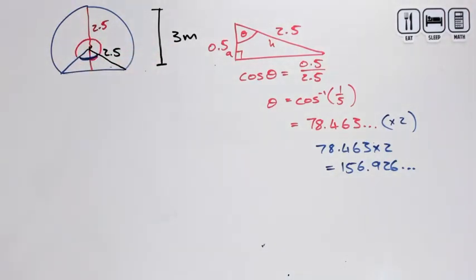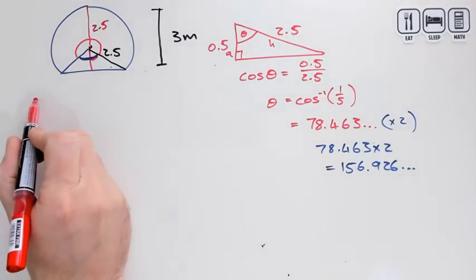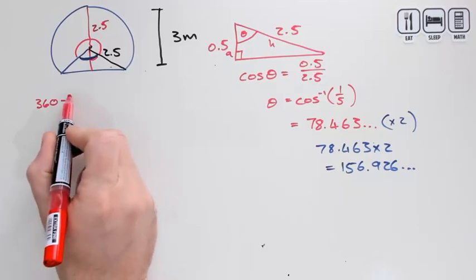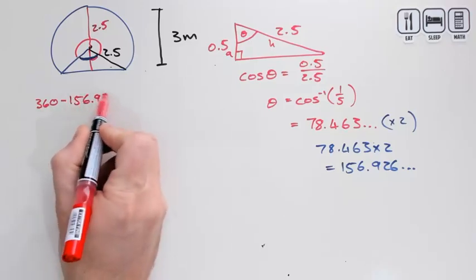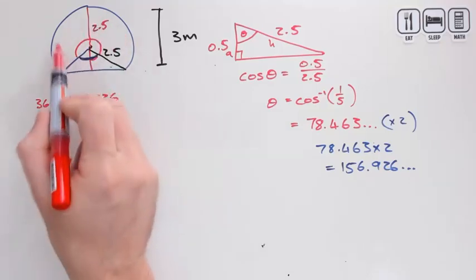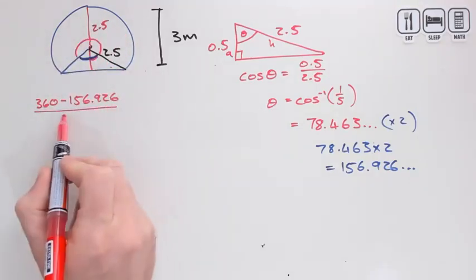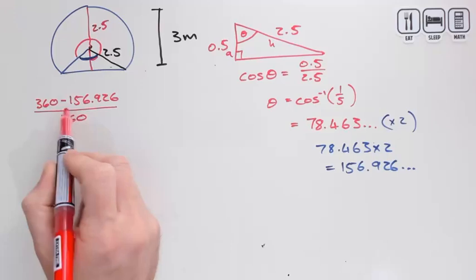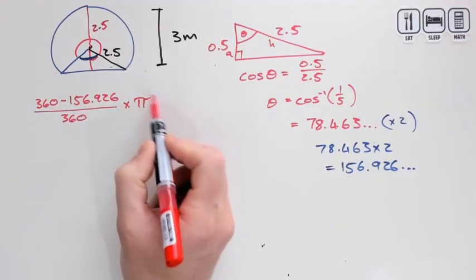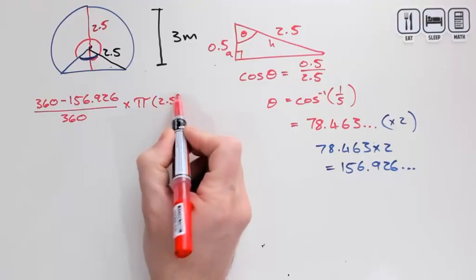So what I do want is to get this angle. To get that, I take 360 minus the 156.926. That's the angle I want. But because I want the area of that whole major sector, I'm going to divide this by 360 and multiply by the area of the circle, pi r squared, and the radius in this case is 2.5.